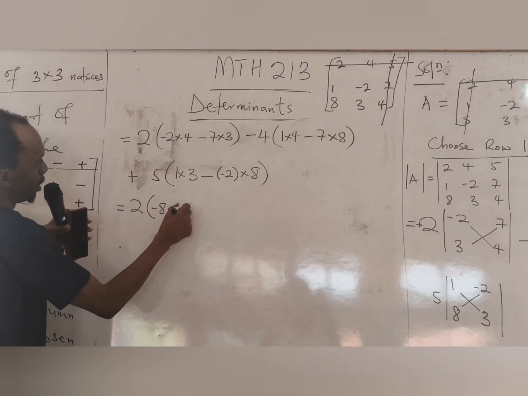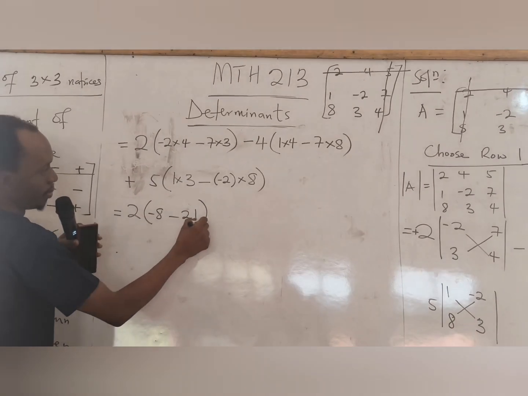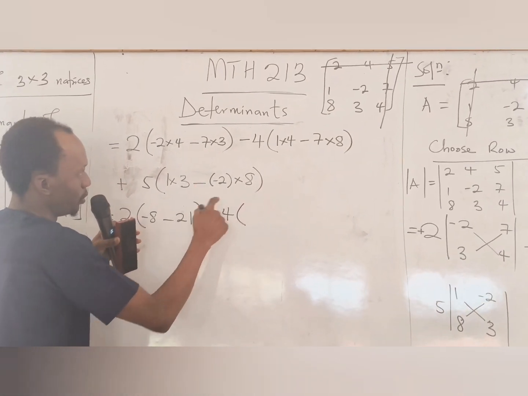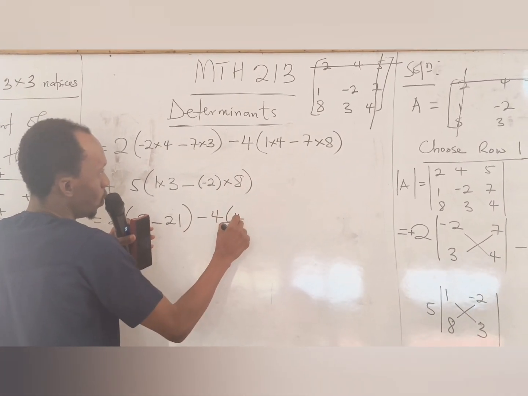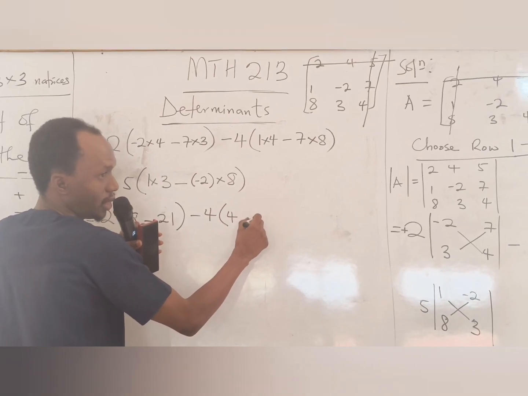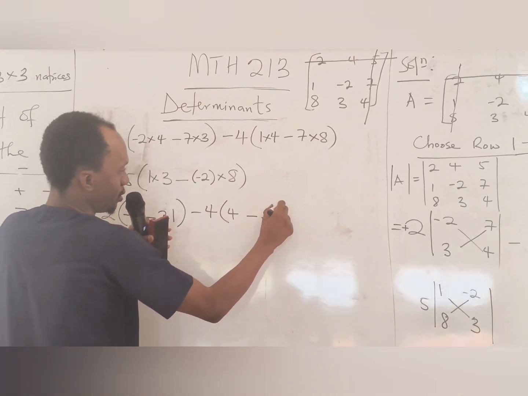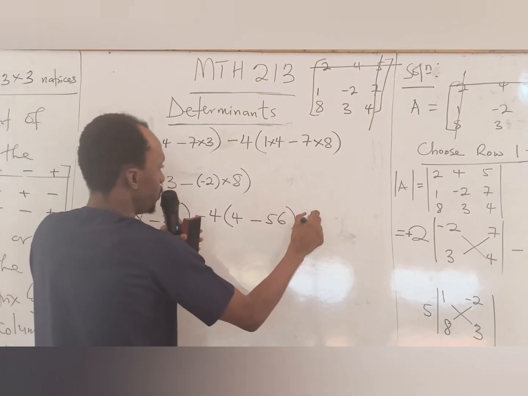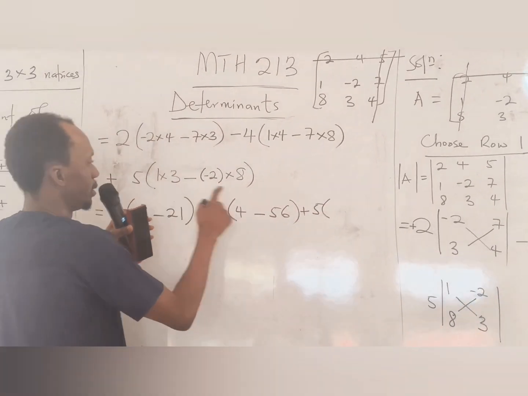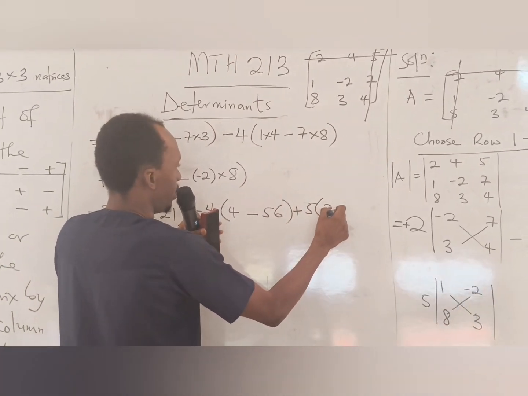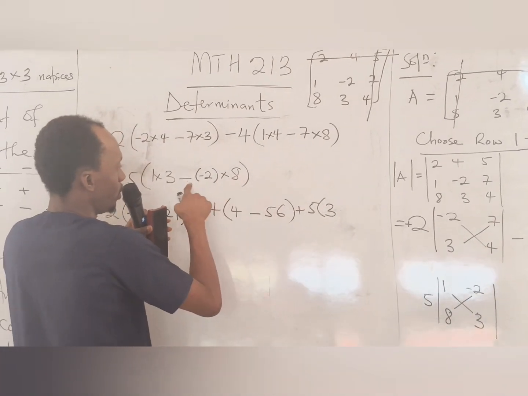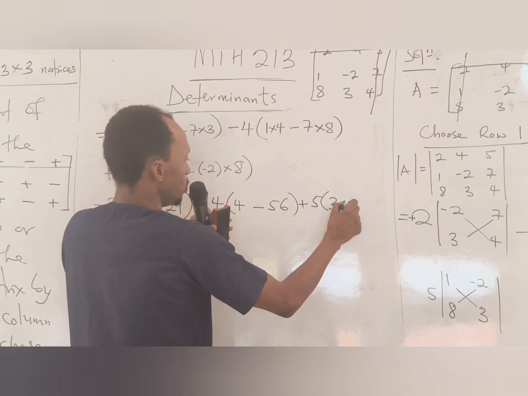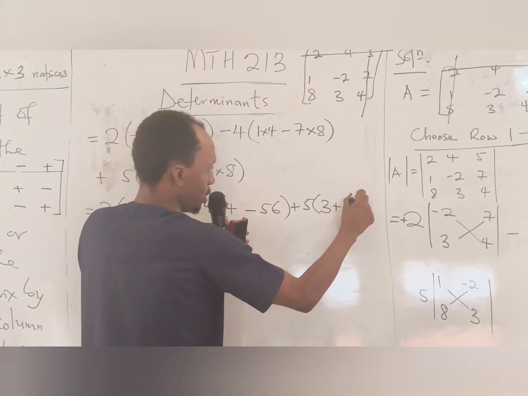This times that, 4. 7 times 8 is 56. Plus 5 into bracket 3. This one gives us minus and another minus becomes plus. Can you all see? 2 times 8, 16.